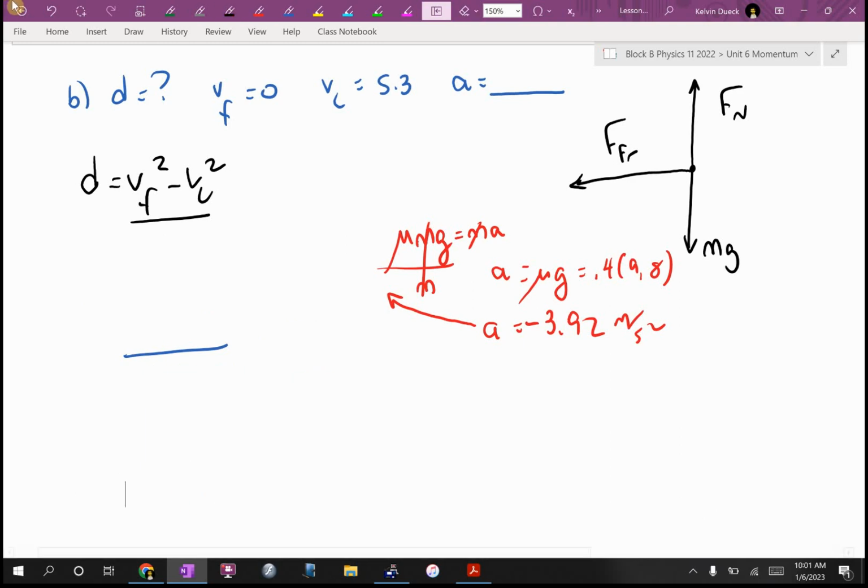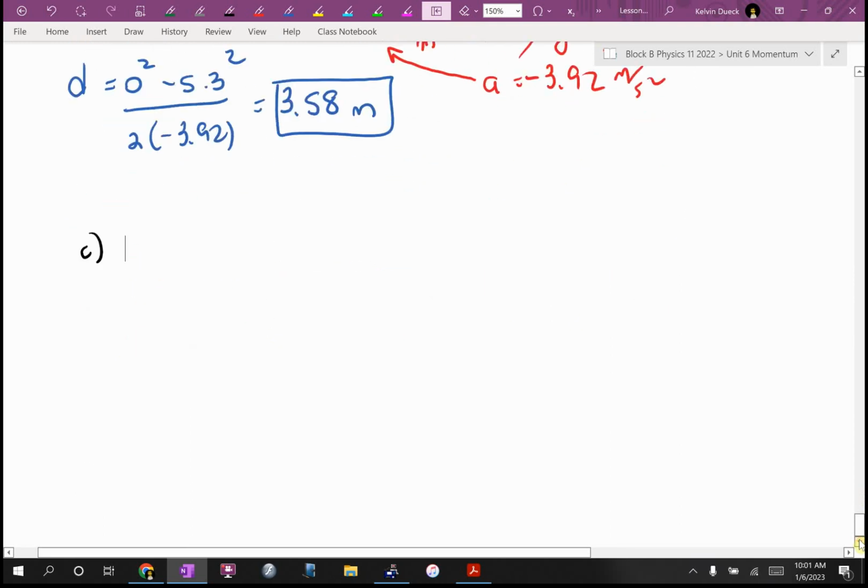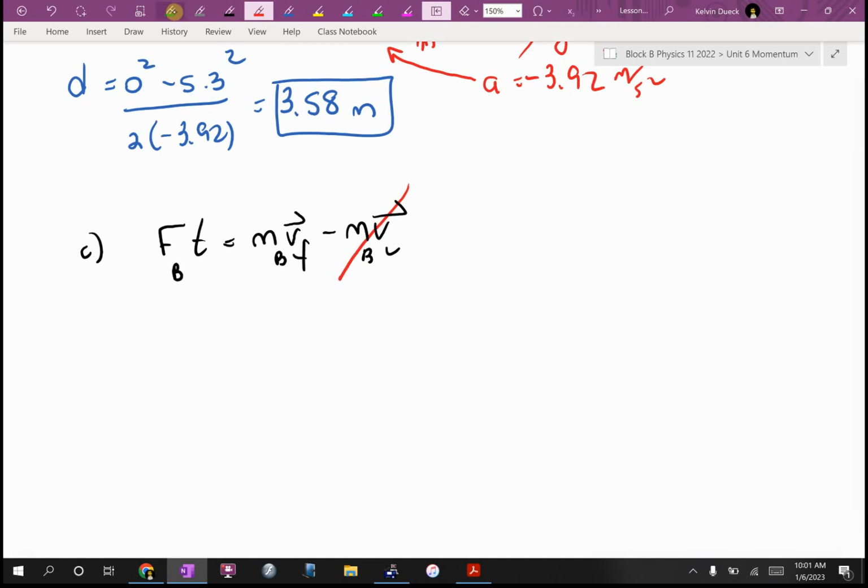I could use the impulse equation, and I'm going to do that. I'm going to say force times time equals mv final minus mv initial. And I'm actually going to do car B. The reason I picked car B is v initial before the collision was 0, so it makes the math nicer.